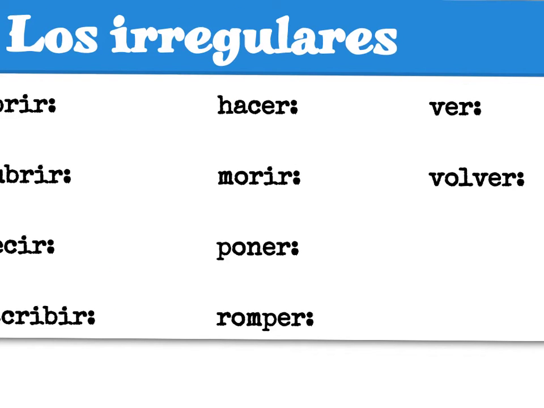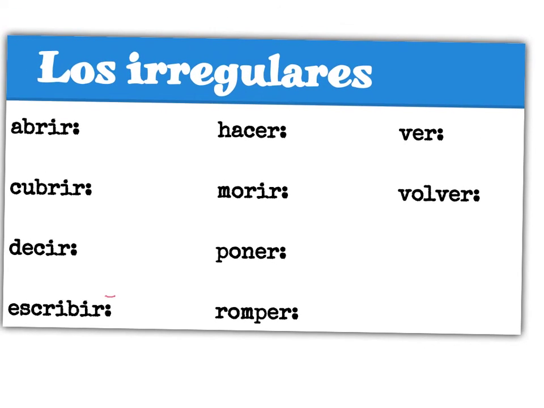Just like everything in Español, of course, there are going to be some irregulars. So our first is abrir. Abrir is abierto. Cubrir, to cover.